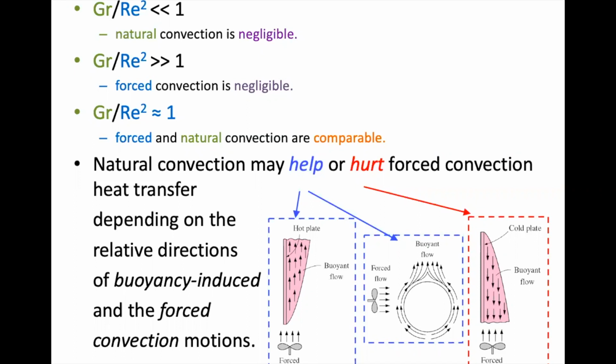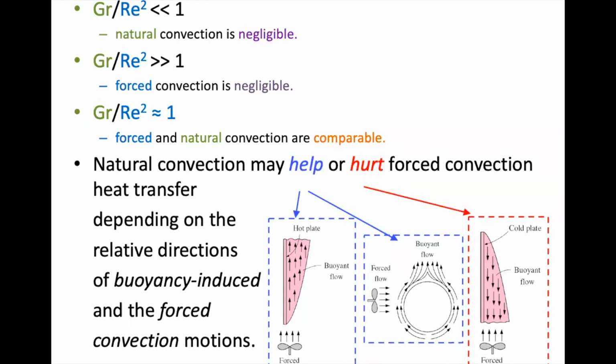So either you can use the table or the graph in your book, but if you don't have the book available, for some reason, you can just simply do the Grashof over the Reynolds squared and determine how important the natural convection might be, right? Again, natural convection is going to be important mainly in situations when you are dealing with low velocity phenomena.